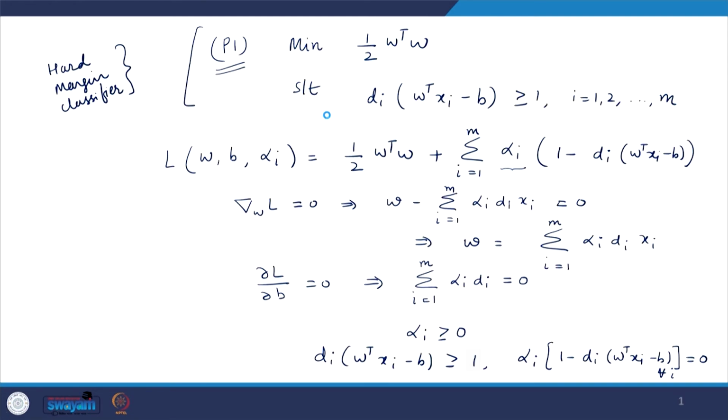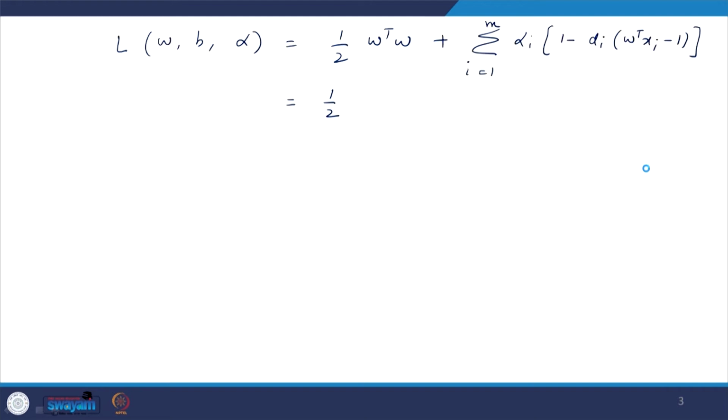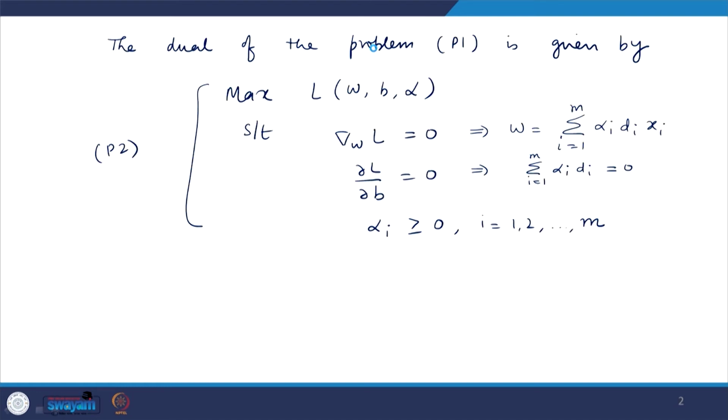So, what is L? L we have defined here. And what is W? W we have seen here: W is nothing but the sum from i equal to 1 to m of alpha_i d_i x_i.